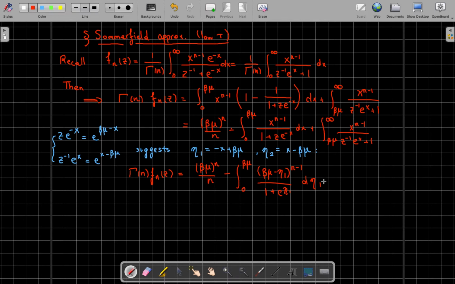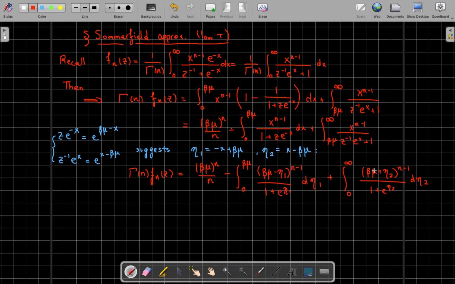And similarly here, we get plus the integral. So beta mu goes to 0, right? Infinity remains infinity. And this becomes beta mu plus eta 2 to the power of n minus 1 over 1 plus e to the eta 2 d eta 2, right? This is much simpler to do.